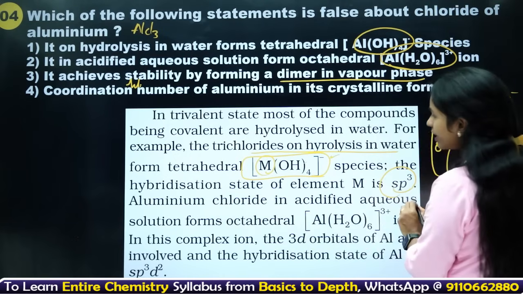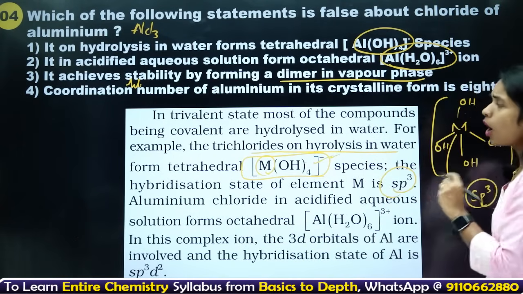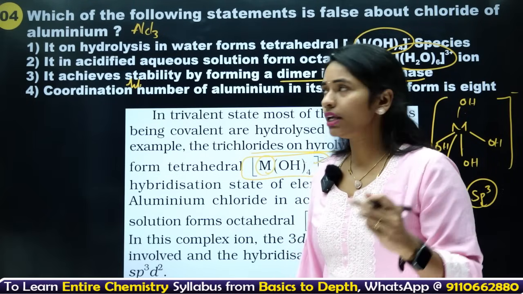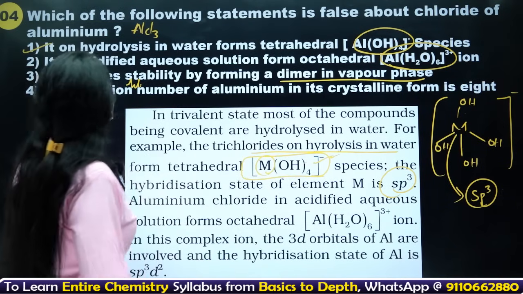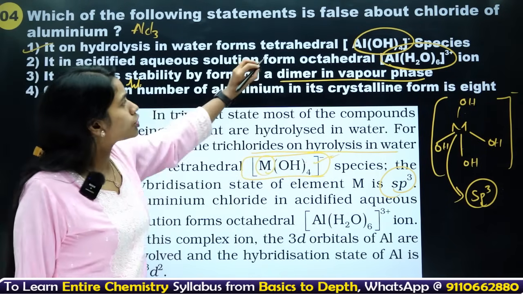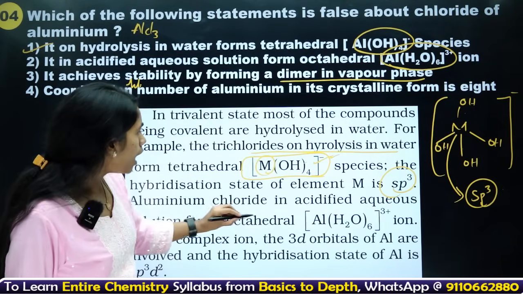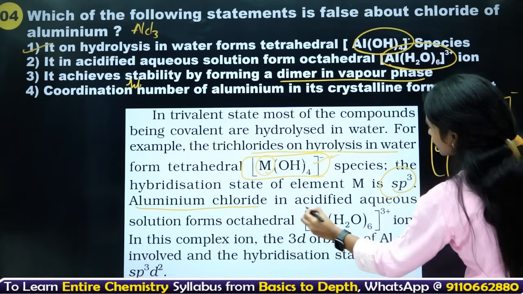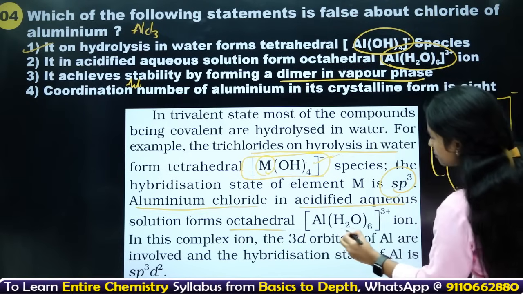AlCl3 in acidified aqueous solution, it is formed by all elements, boron, aluminium, the remaining. So this is a correct option. Acidified aqueous solution forms octahedral. Yes. Aluminium chloride in acidified aqueous solution, what does it form? Octahedral species.